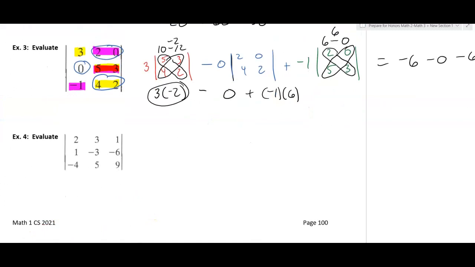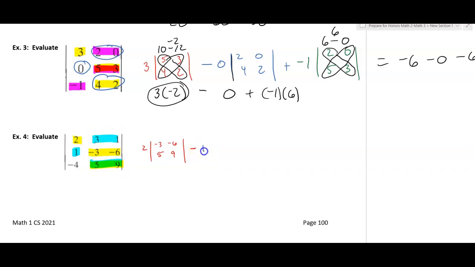So if we take this first element, multiply it by the determinant of this. So that's 2 times the determinant of -3, -6, 5, 9. Remember, then it's always minus, right? It's going to be this element times, right?